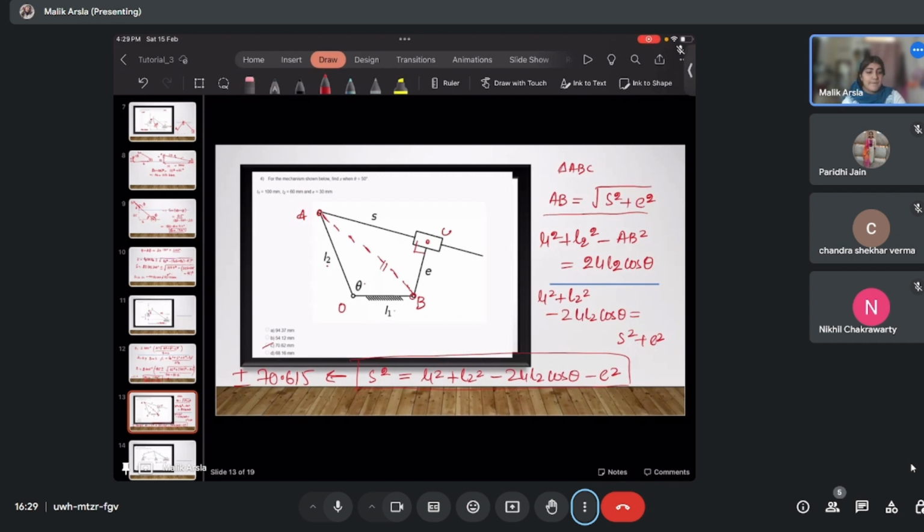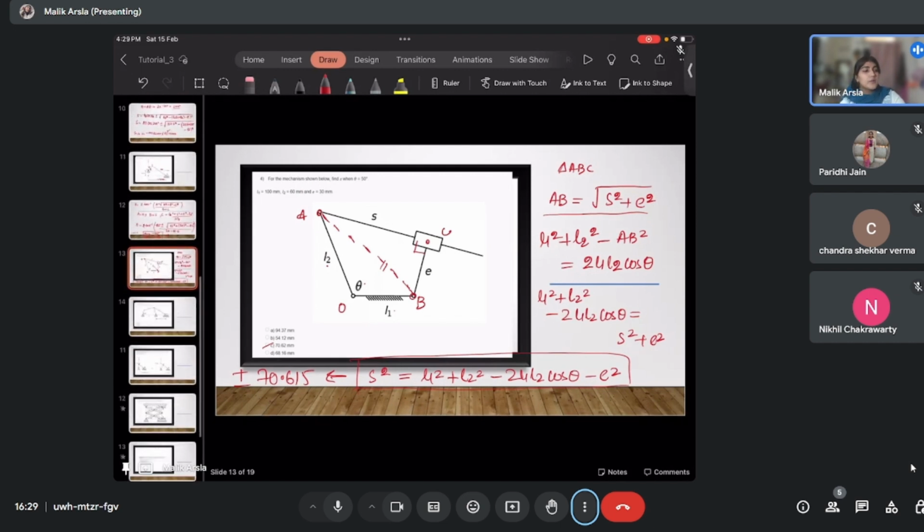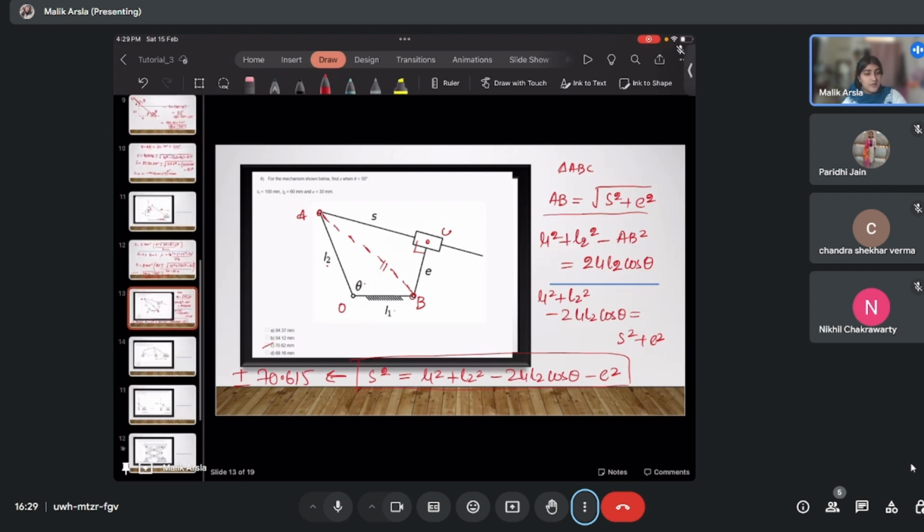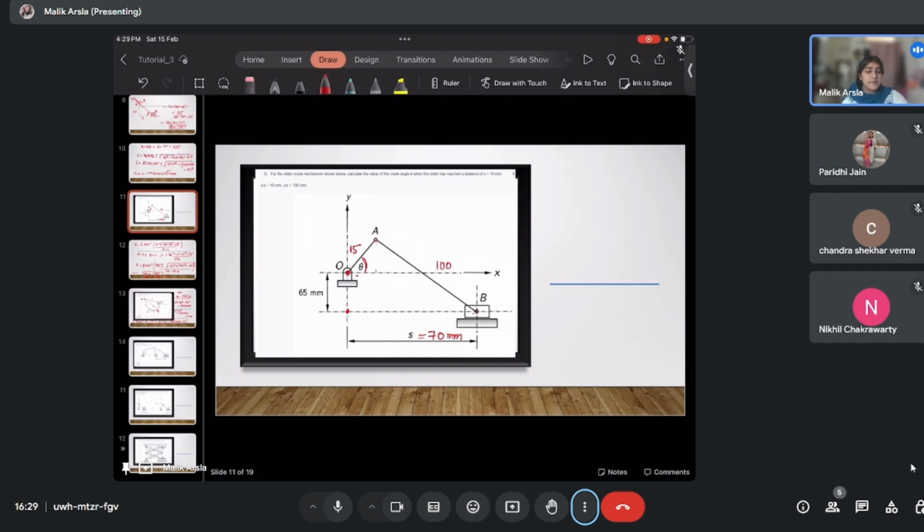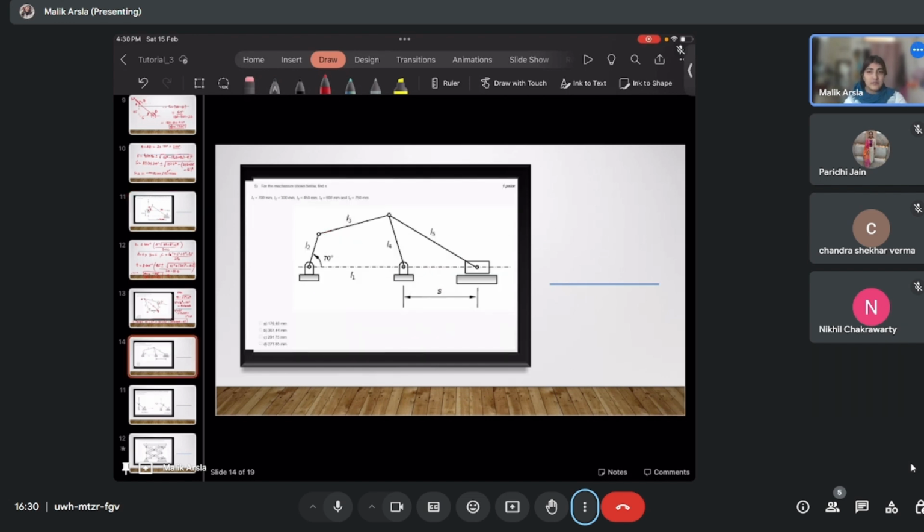So sometimes if you don't remember the formula, just do it by geometry. Even the previous question which we did was also possible by geometry if you could connect these points. I'm just saying, in case you ever forget the formula or anything, you can do this method also.